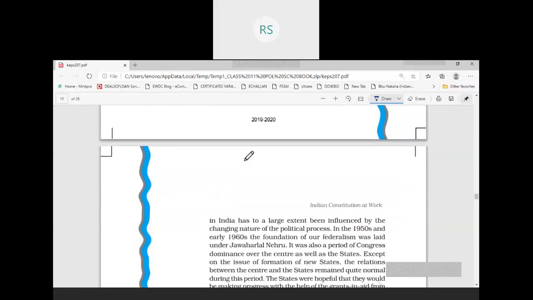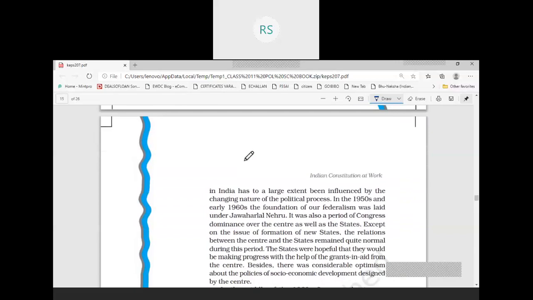So we see that in India, for the last 70 years we have had a federal structure and it is working successfully, but our constitutional provisions cannot be said to be solely responsible for this successful functioning of the federal structure.